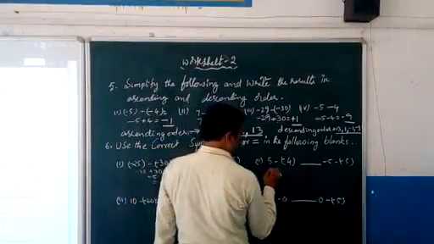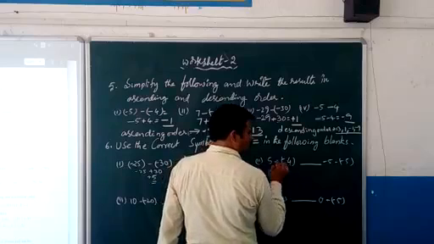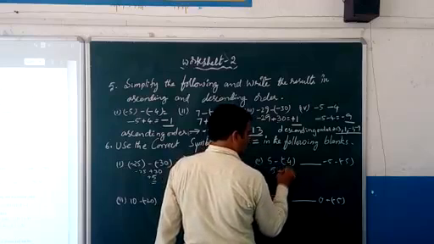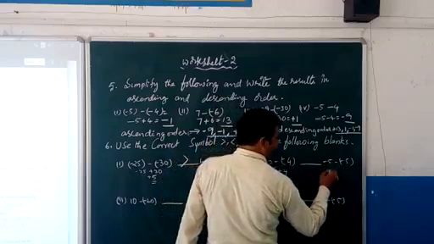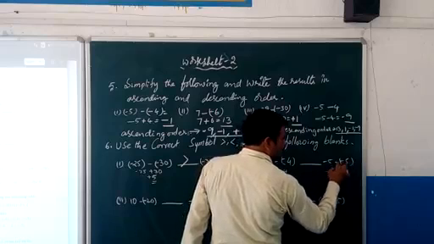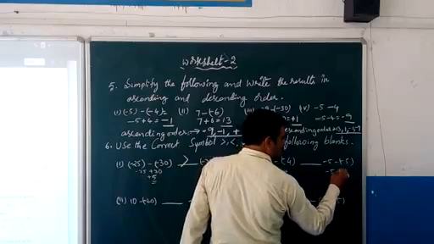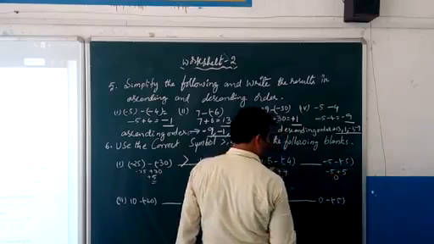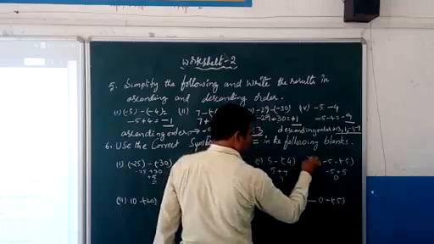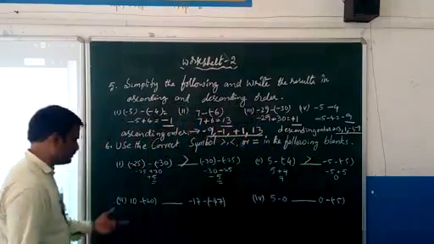Similarly, coming to the next, 5, minus sign is there before the bracket, so it will become plus 4, and this is 9. Here minus 5, minus is there before the bracket, so it will become plus 5, and this will become 0. So 9 is always greater than 0, so you put greater than.